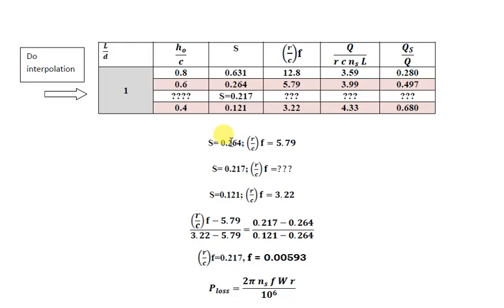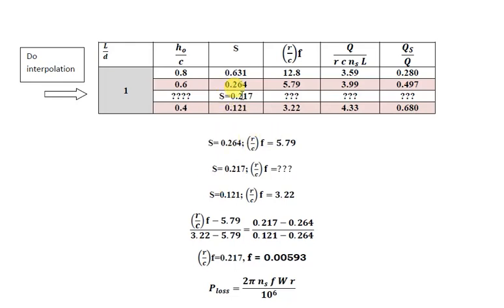So upper value S is equal to, we write, and for that corresponding S, F value we have to write. So R upon C into F value we have to write. So S is equal to 0.264. For that one, R upon C into F is equal to 5.79.